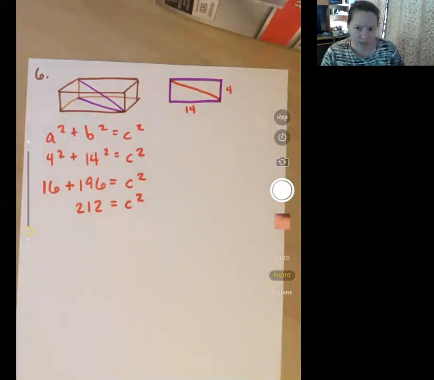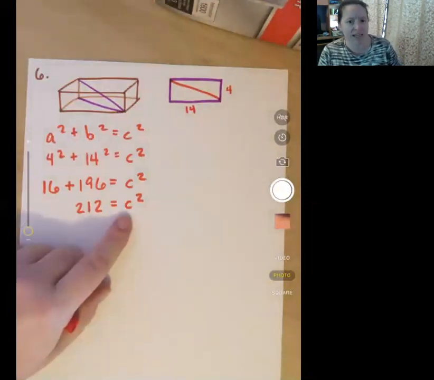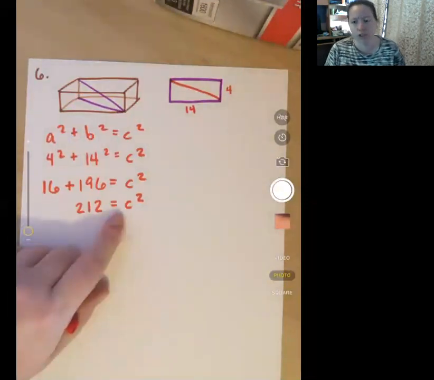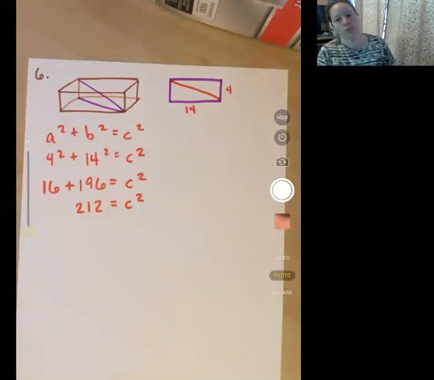Here's the thing. I don't think I'm going to worry too much about changing this back into what c is actually equal to, because if you remember, we're just going to have to square it again in a second.